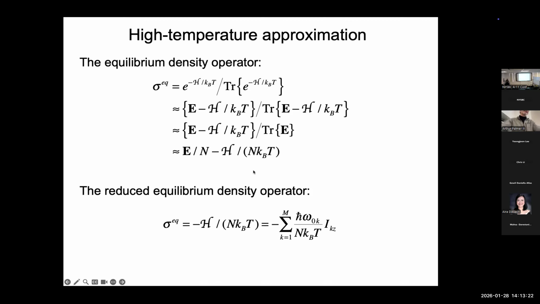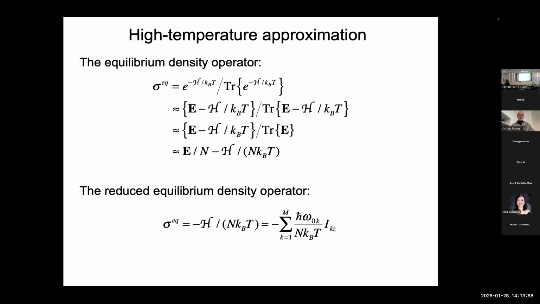But I didn't. So you should know that from now on, when I talk about sigma, I mean the reduced density operator, the deviation from equally populated states. But you should pay attention. Sometimes in the literature, people are more precise, and you might need to pay attention to whether they're talking about the full density operator or the reduced density operator.